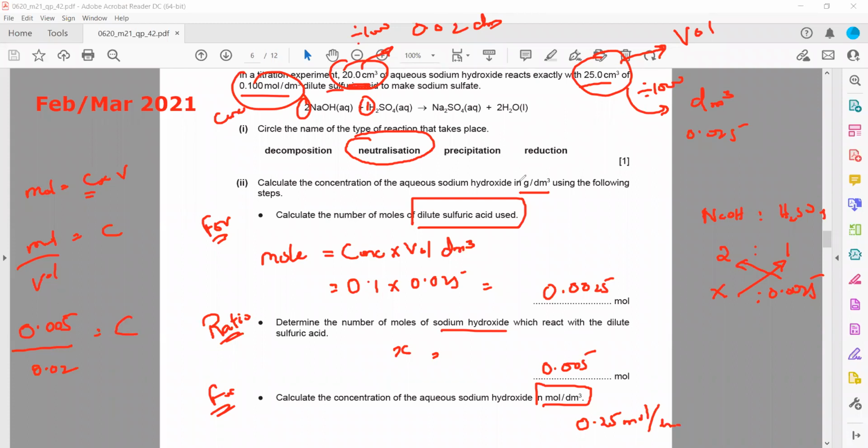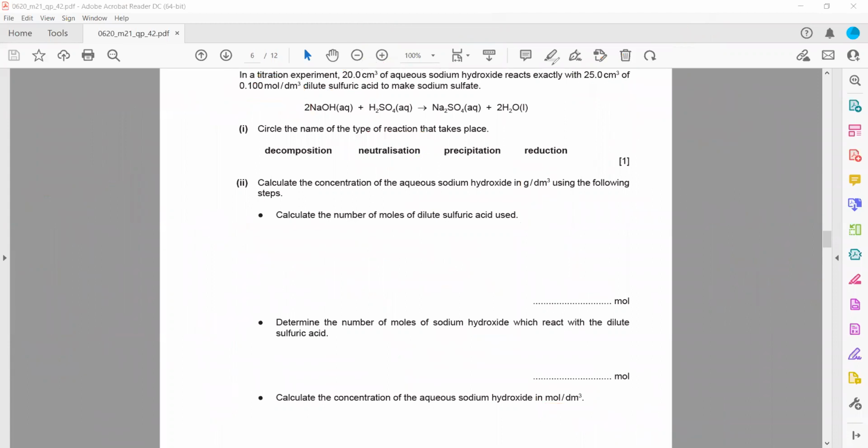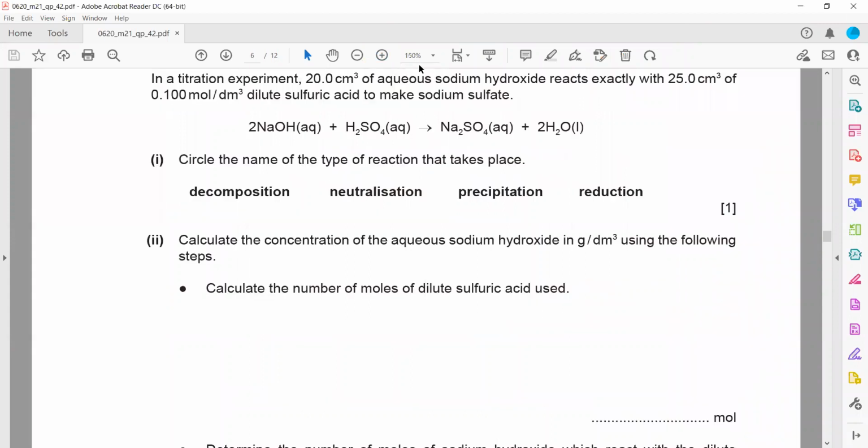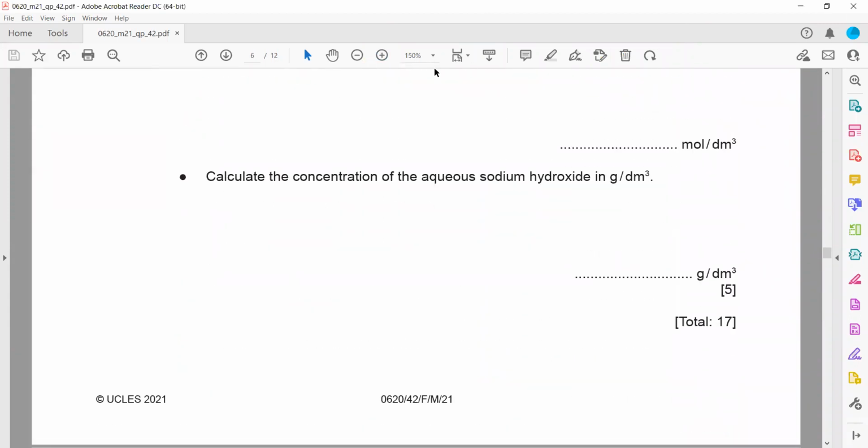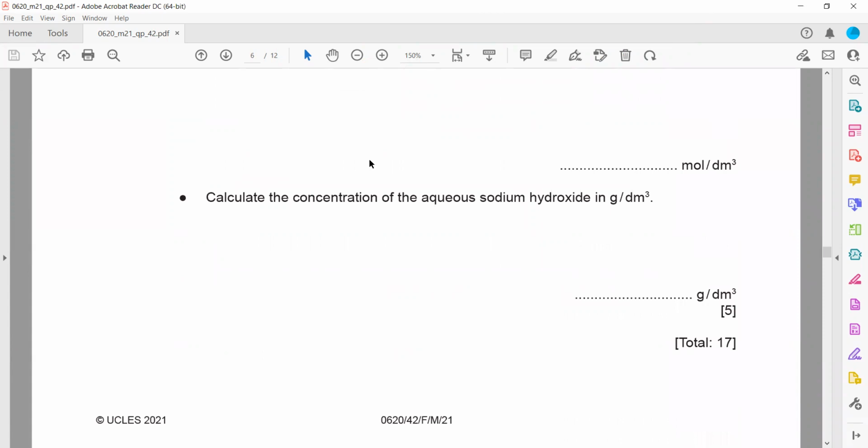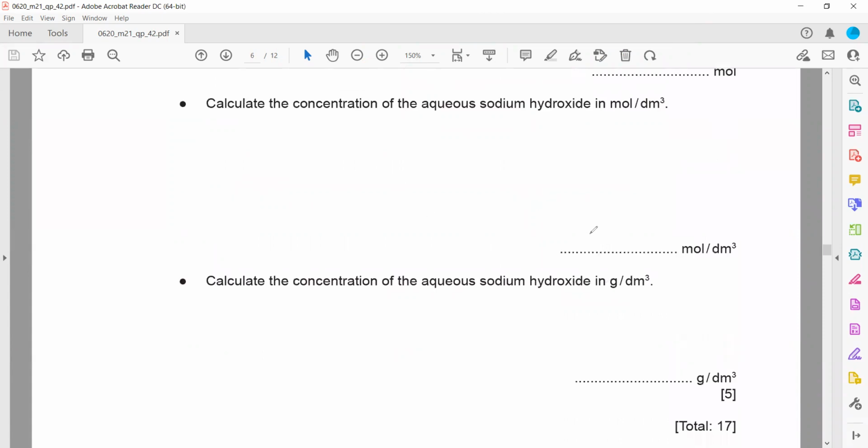But in the question, we don't need the concentration in mole per dm³. We need the concentration in gram per dm³. So we have to convert moles into grams. Our answer was 0.25 moles in 1 decimeter cube.